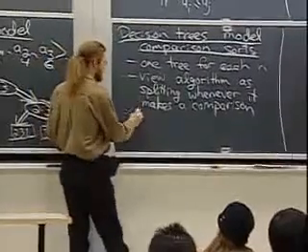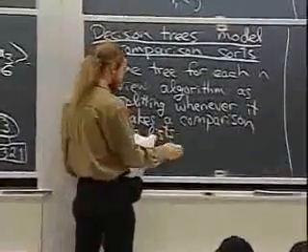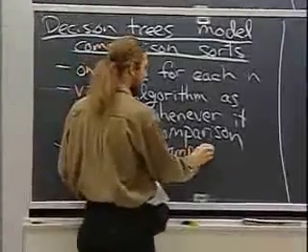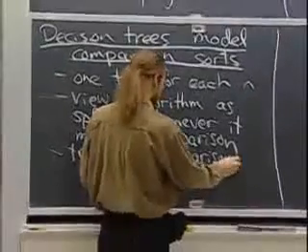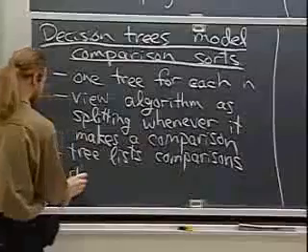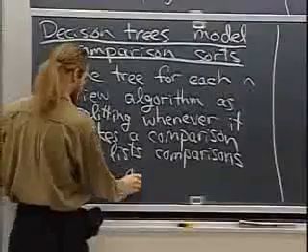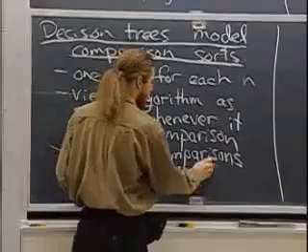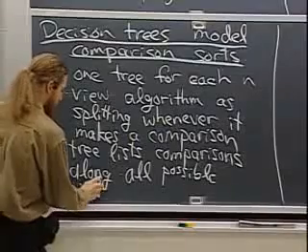So in some sense, what this tree is doing is listing all possible executions of this algorithm, considering what would happen for all possible values of those comparisons. We'll call these all possible instruction traces.